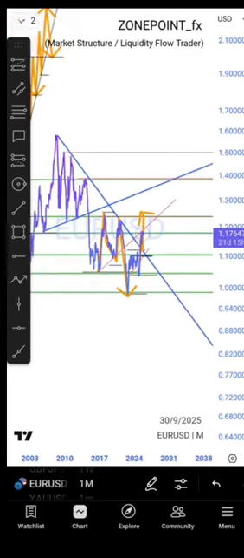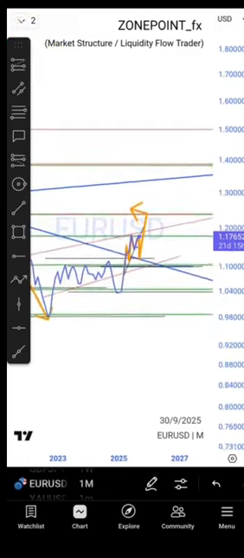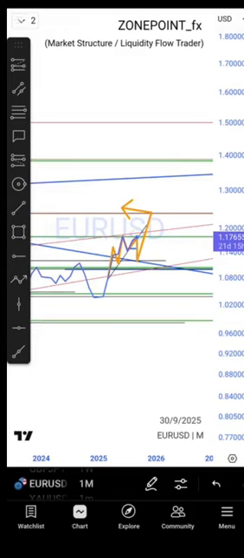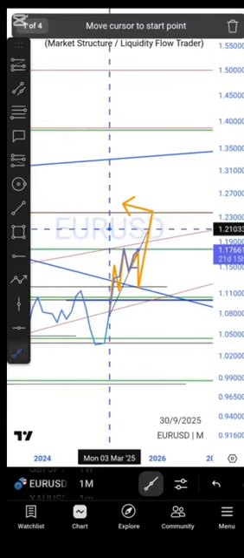Once price gives us a new sell, and already price has given us that sell, we know that this price is going up to another key level. We will join a trend line like this.